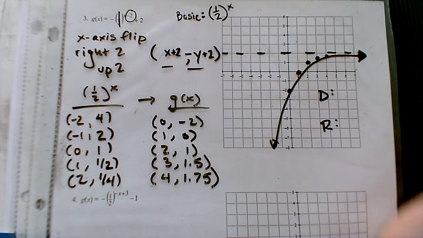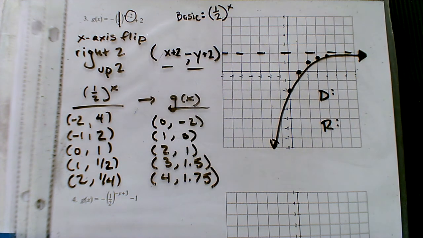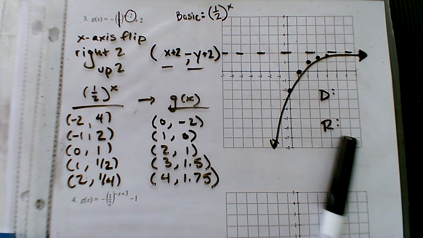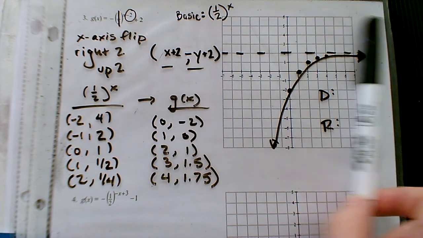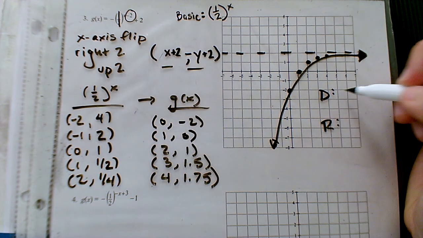Can we label domain and range? Let's see, if I trace it left to right, I don't really have any holes, jumps, or asymptotes to worry about.